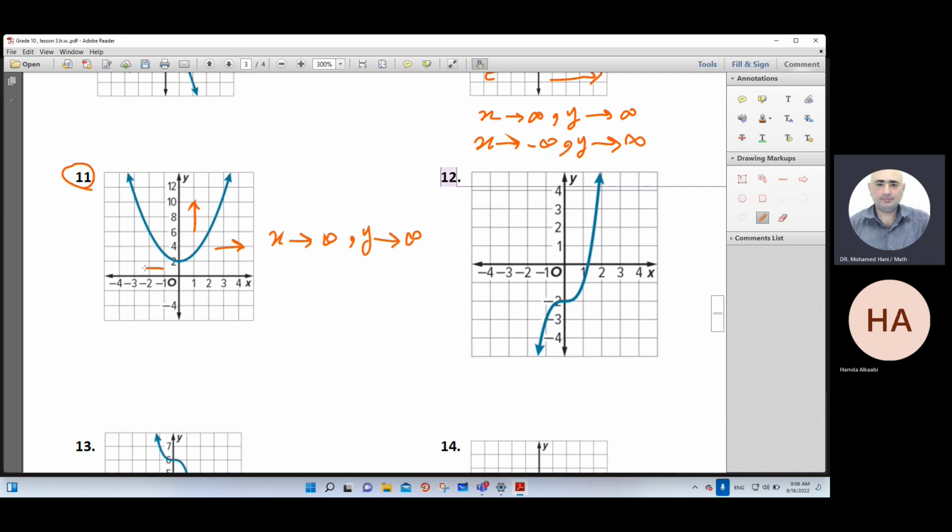And when you go left, the value of x will be decreased. But the value of y will be increased. Okay.